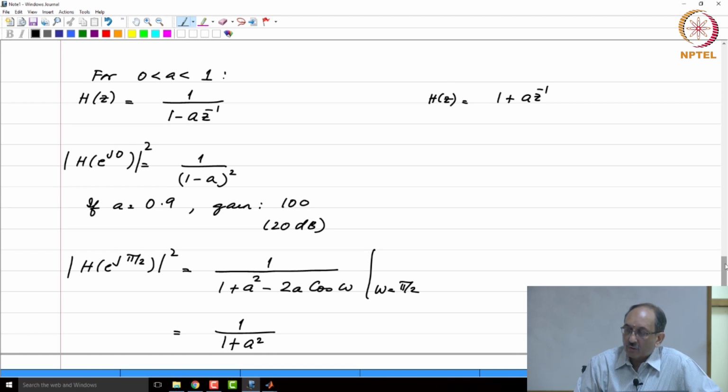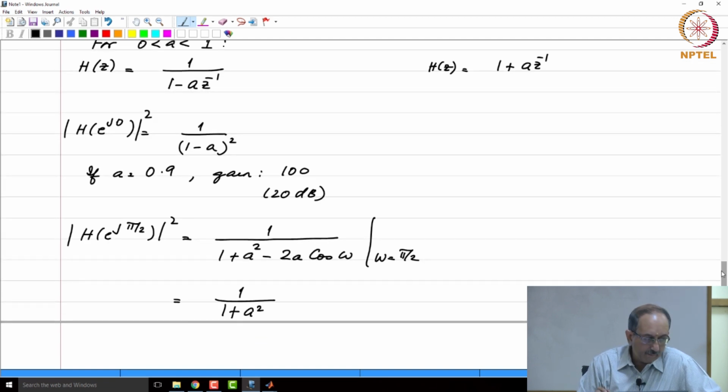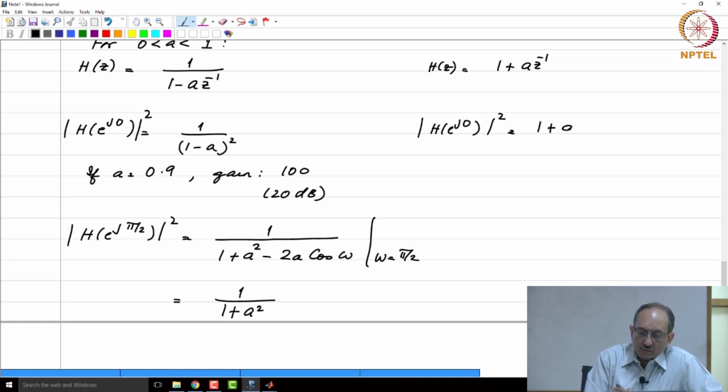Now, let us look at the case here. If you look at |h(e^{j0})|², this is (1 + a)², and for a = 0.9 this becomes 1.9 squared, which is 3.61, correct.